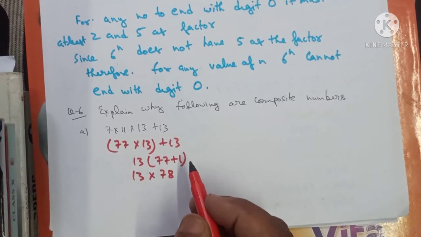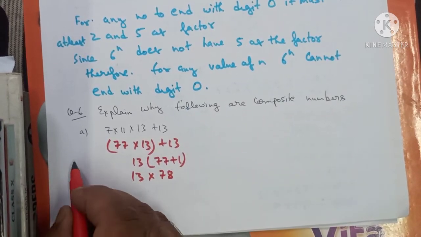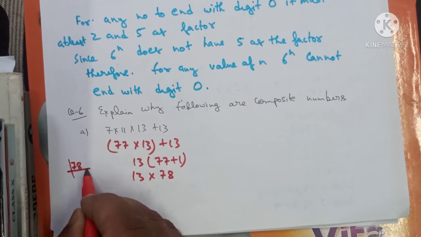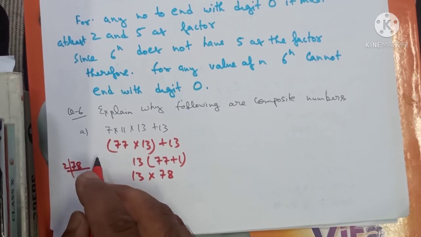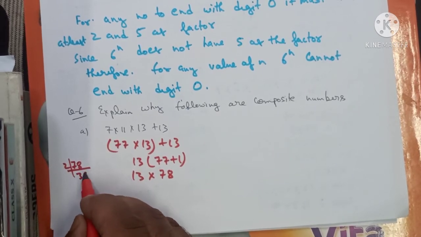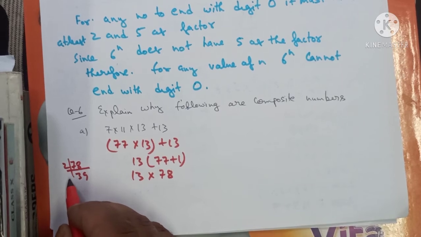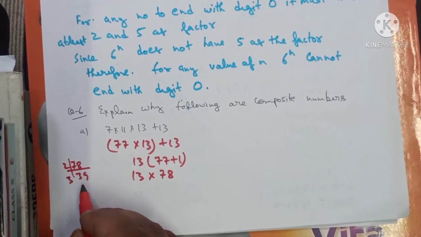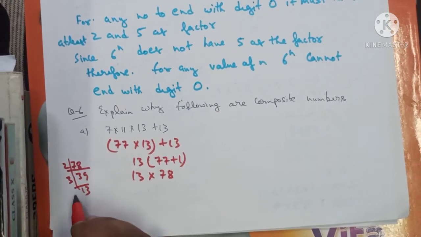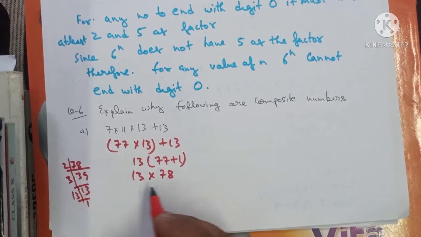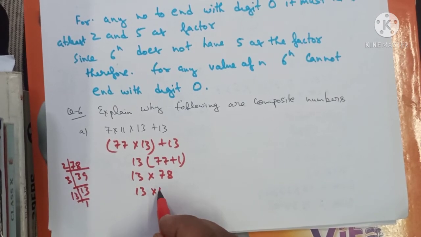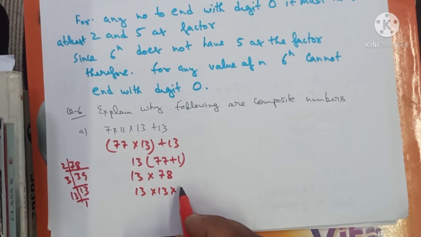Further, 78 can be factorized: 2 times 39 is 78, and 3 times 13 is 39. So we have 13 into 13 into 2 into 3.